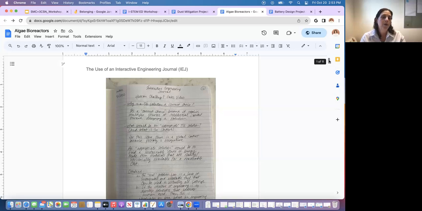So one of the components that you'll see frequently with this sort of lesson plan is the use of what we call an interactive engineering journal. In this case, this one's specific to algae bioreactors. And we were presented a video that Bill Gates produced that was sort of defining what the challenge was, why there was a need for algae bioreactors, how they could be used.